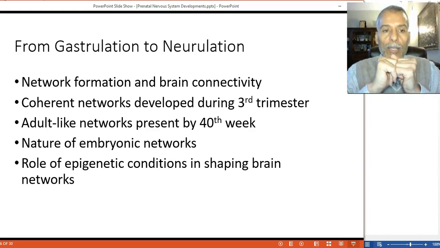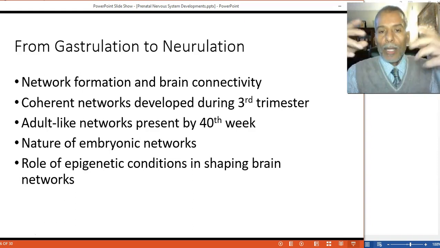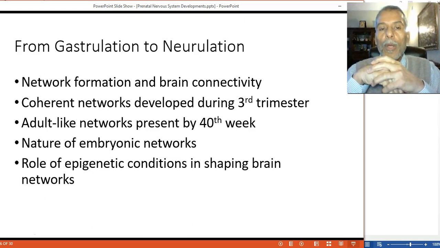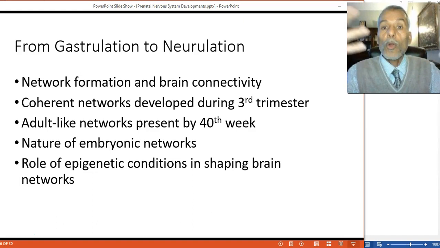And it reaches adult-like form near the 40th week of gestation, right before birth. But if a 6-month fetus is born, that fetus has the number of brain cells needed, and the fetus can survive.